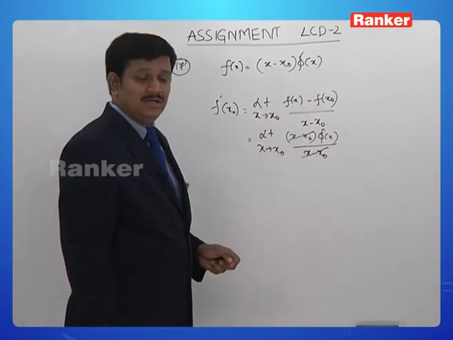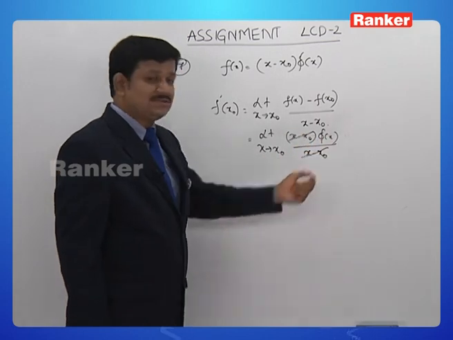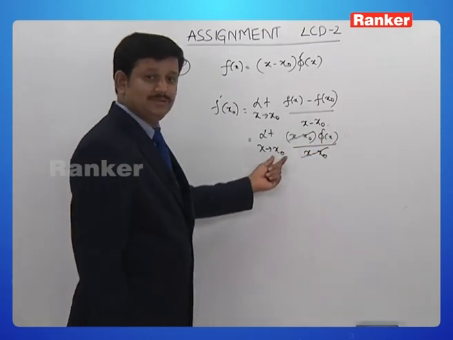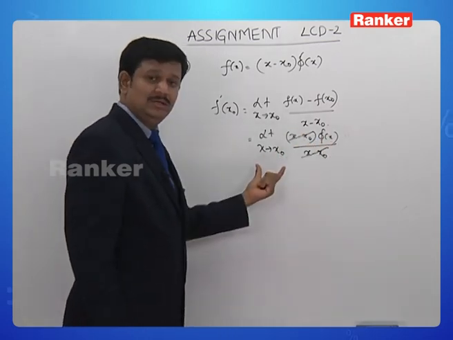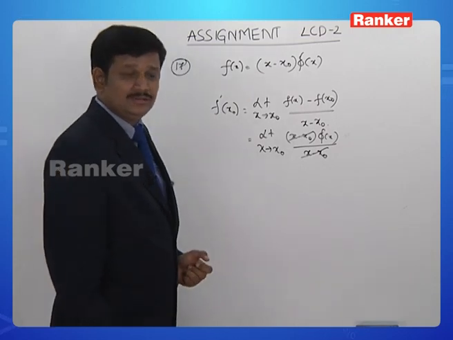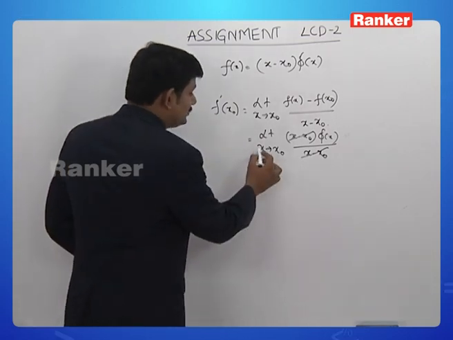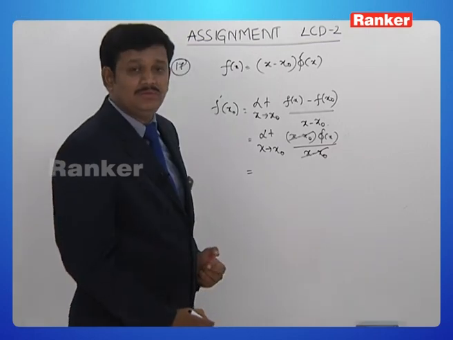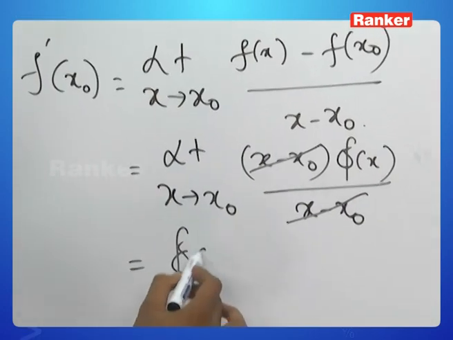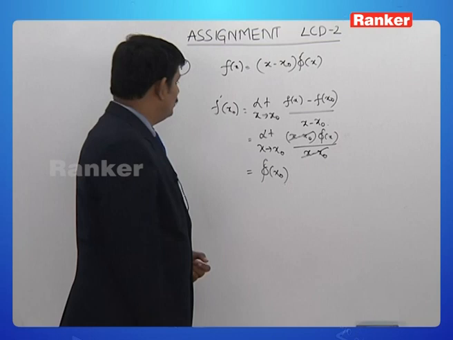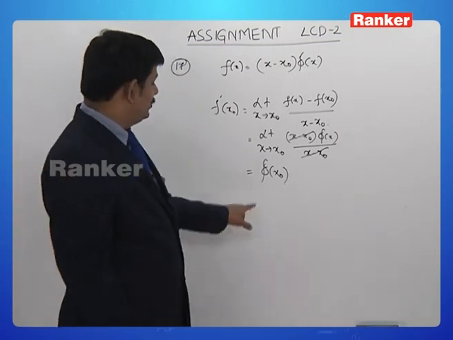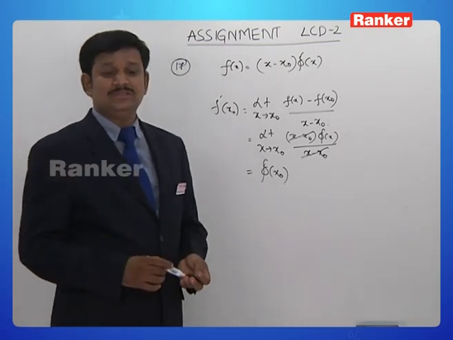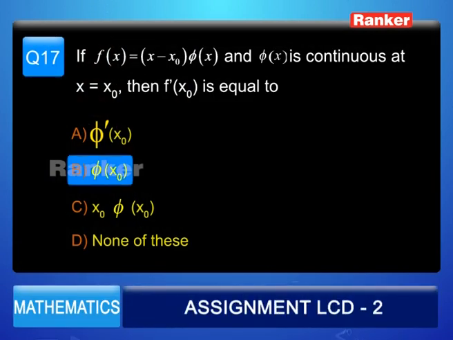In the question, it is given that phi of x is continuous at x naught. So the limit as x tends to x naught of phi of x will be equal to phi of x naught. So f dash of x naught will be equal to phi of x naught, which is option B. So the answer is option B.